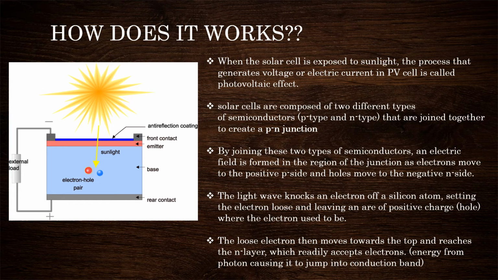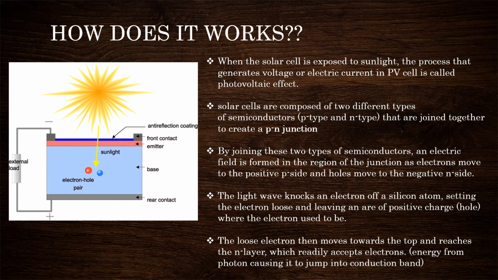The light wave knocks an electron off a silicon atom, setting the electron loose and leaving the positive charge. Next, the loose electron then moves towards the top and reaches the n-type layer, which readily accepts the electron.